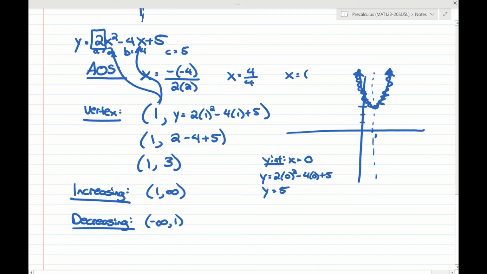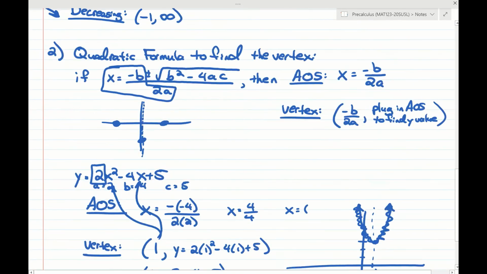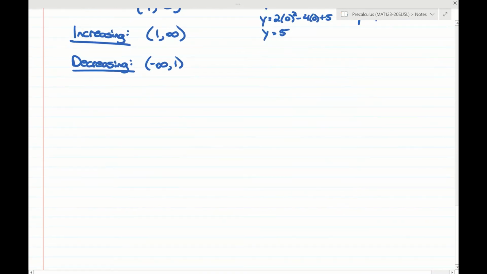All right, and then for our last example, what I want to do is show you how to get vertex form from quadratic form. So let's do this, or from standard form to vertex form.